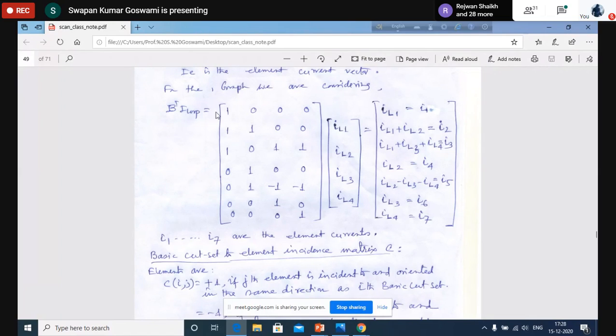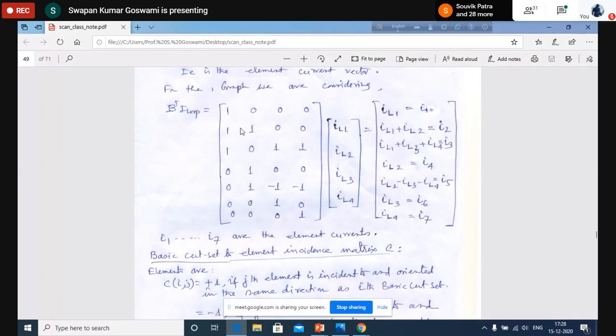The transpose of matrix B is the element to loop incidence matrix. Previously it was the loop to element incidence matrix. So while we multiply this by the loop current vector, in the result there will be 7 entries corresponding to the 7 elements of the graph.